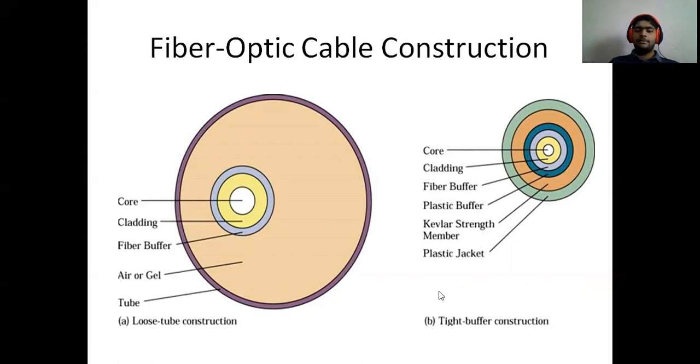In tight buffer construction, the core is surrounded by cladding, which is surrounded by fiber buffer, which is surrounded by plastic buffer, which is surrounded by Kevlar strength member and is wrapped by a plastic jacket. As we can see, there is no air or gel in tight buffer. It cannot expand or contract with temperature or whenever required. Hence, it is much cheaper.